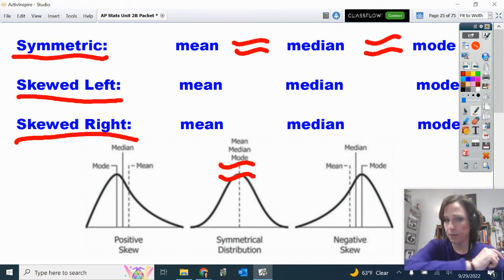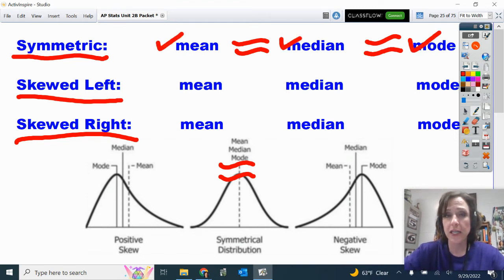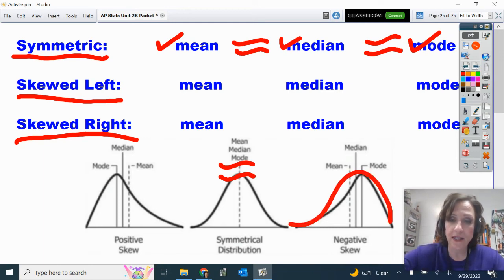Now, you have to write these words in alphabetical order: mean, median, mode. Okay, next, let's talk skewed left. Skewed left looks like your left foot. Of these pictures down here, which one is skewed left? That would be this one here.